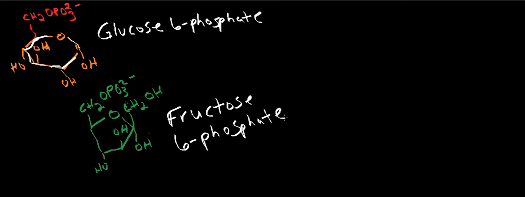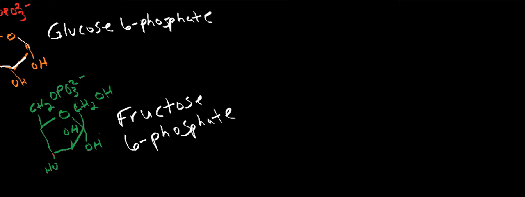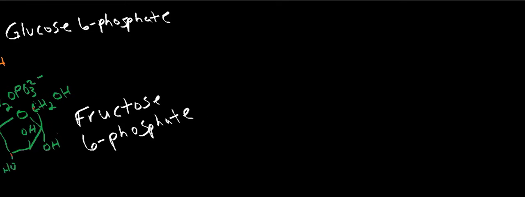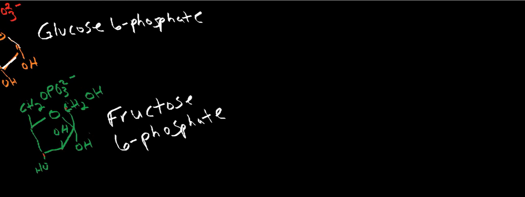Now from fructose 6-phosphate, you go to fructose 1,6-bisphosphate. I'll draw that over here so you can see the difference. Now we have fructose 1,6-bisphosphate. You'll have a phosphate group at the 1 carbon and a phosphate group at the 6 carbon.